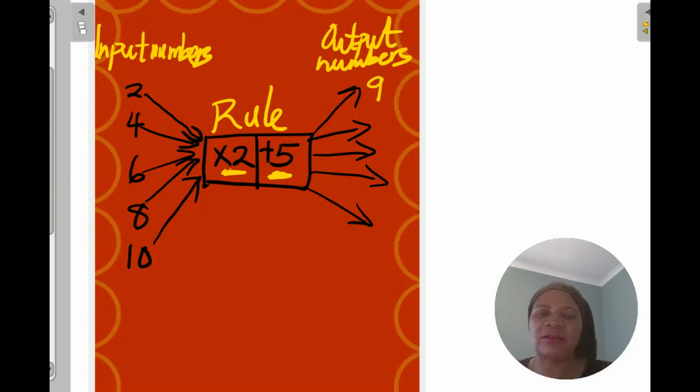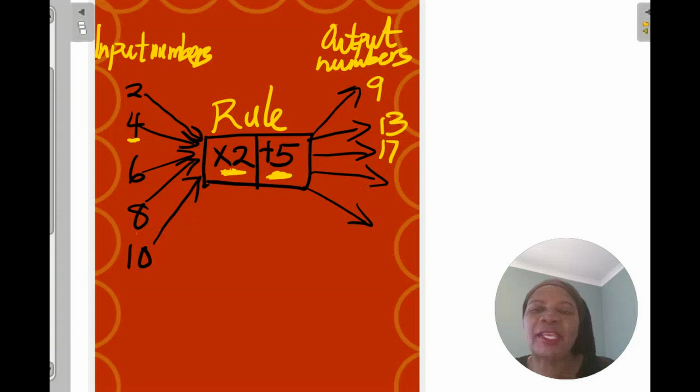In this one we need to remember that we must do two steps of the rule. For the second input value, 4 times 2 is 8, plus 5, that's 13. The third one is 6 multiplied by 2, which is 12, plus 5, 17.